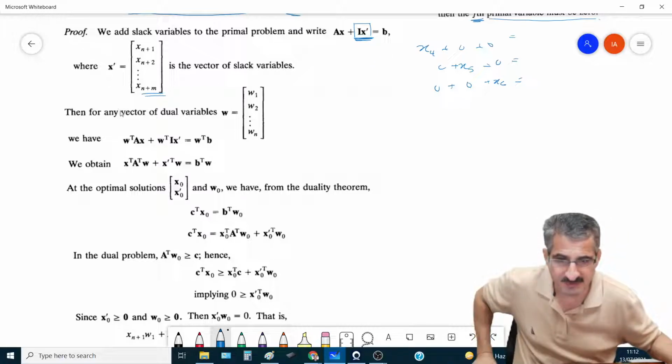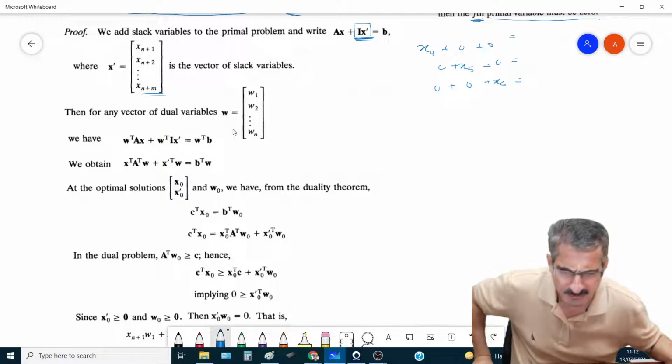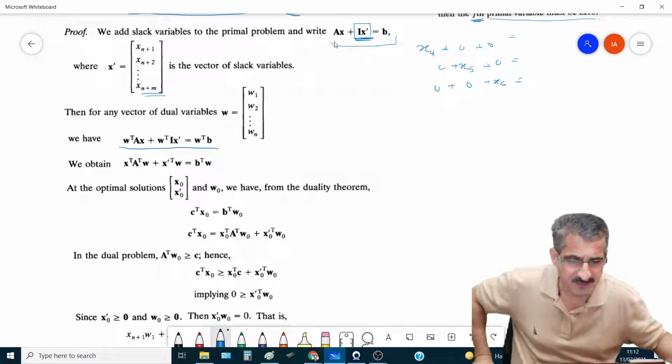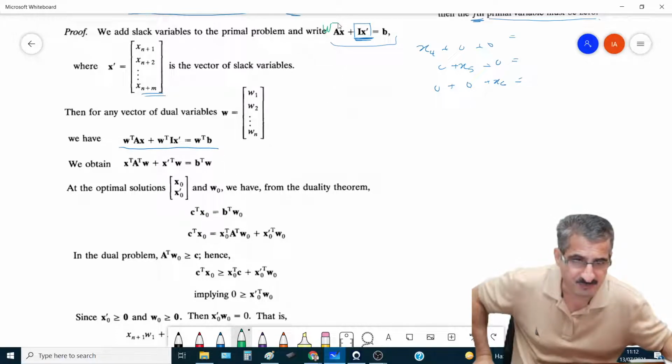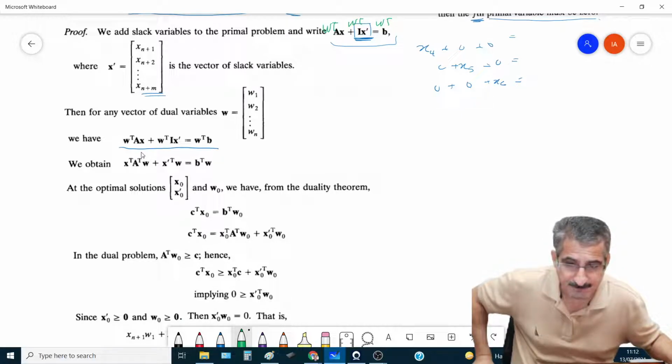Where are the slack variables? Are these. Then for any dual variable w, what do we get? How did we get that? Just multiply this with w transpose, right? So multiply w transpose with all parts. So then we get that, okay?